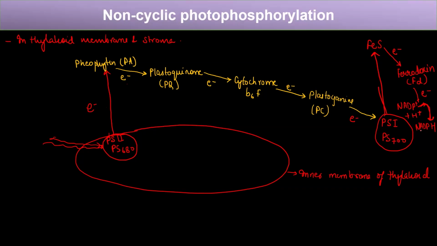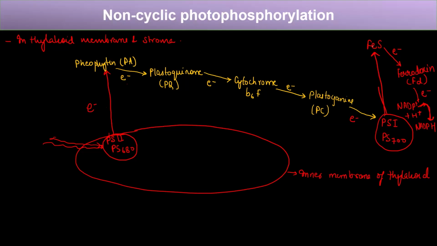So what we have seen is that the PS2 upon excitation gives its electron to the electron carrier known as pheophytin, that then transfers it to the plastoquinone, that is PQ, which in turn transfers it to cytochrome B6F, and then to plastocyanine, and it ultimately leads to another photosystem, that is PS1.